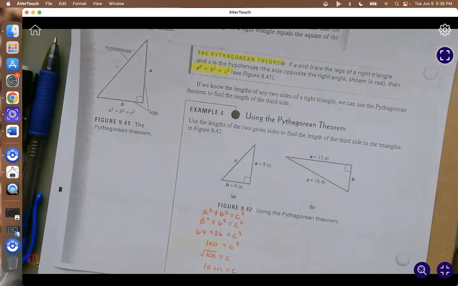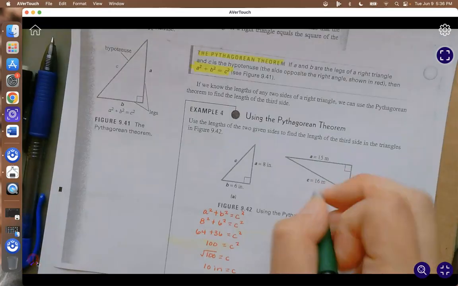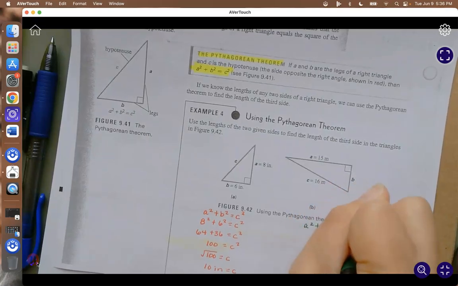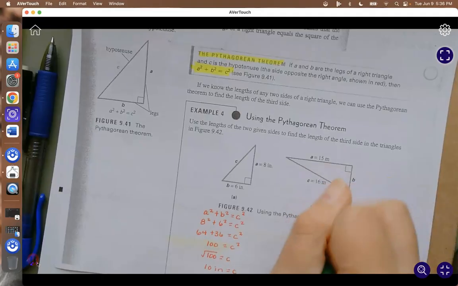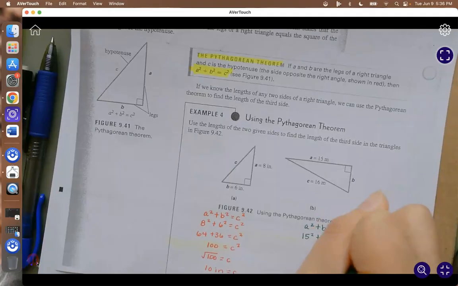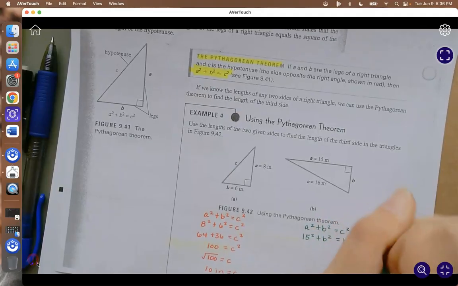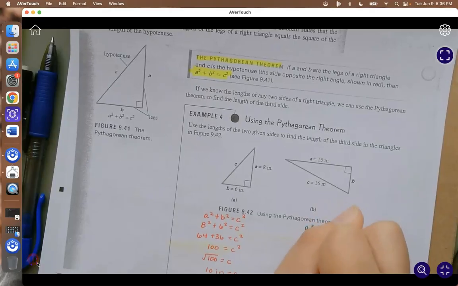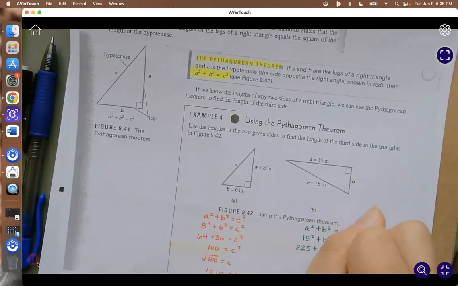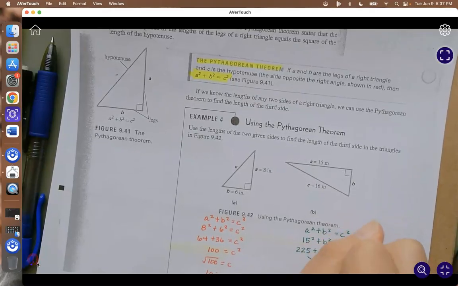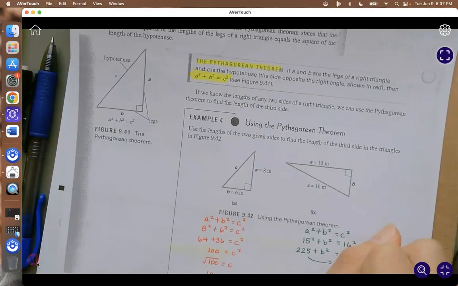All right. Then let's do this one. A squared plus b squared equals c squared. So this is 15 squared plus b squared equals 16 squared. So 15 squared is 225. 16 squared is 256. So we're going to subtract the 225.